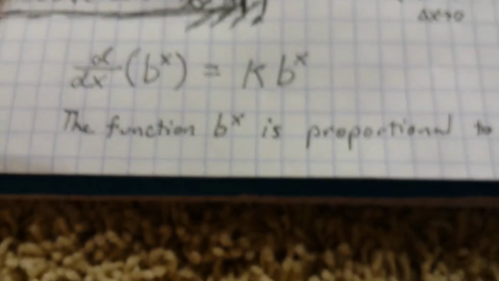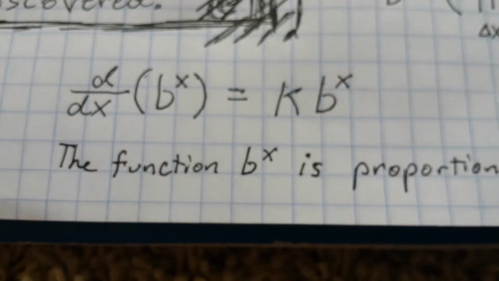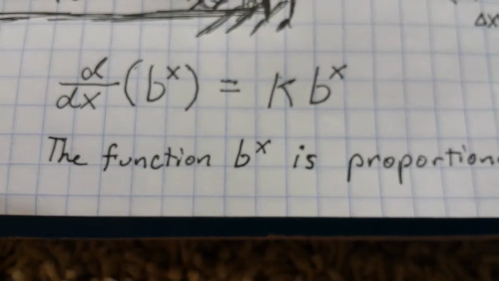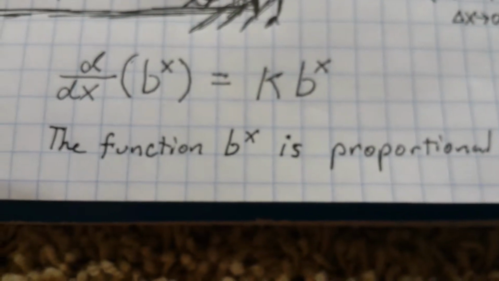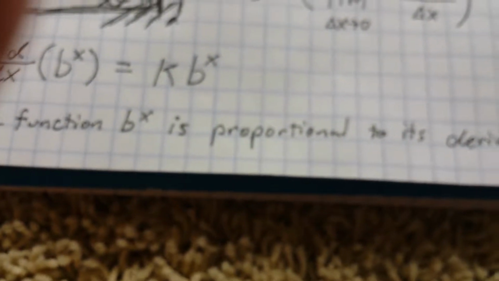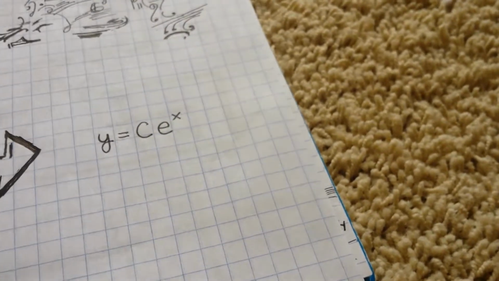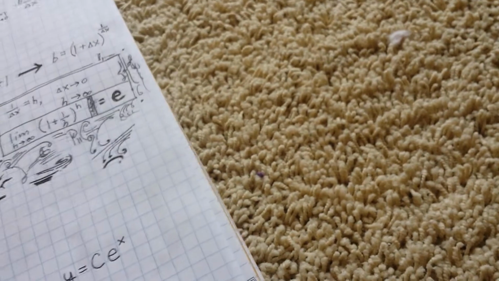So in other words, the derivative of the function y equals b to the x is k times b to the x for some constant. And so the function b to the x is proportional to its own derivative. Okay. So this leads into the question, is there a value for b that is more natural?